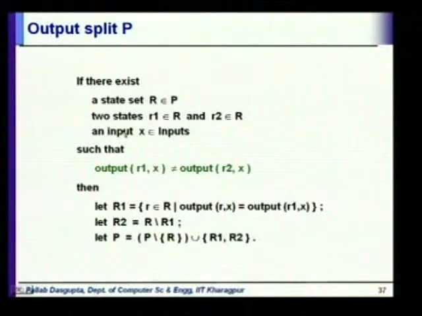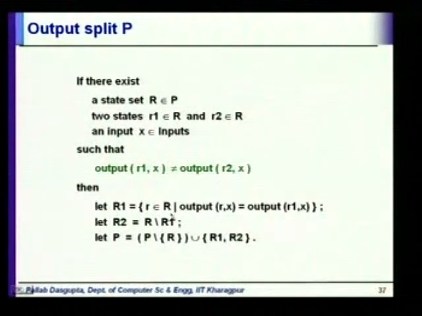So if you find that the output of R1 on x is not equal to the output of R2 on x, where R1 and R2 are in the same bucket R, then we must split the bucket R. So how do we split it?